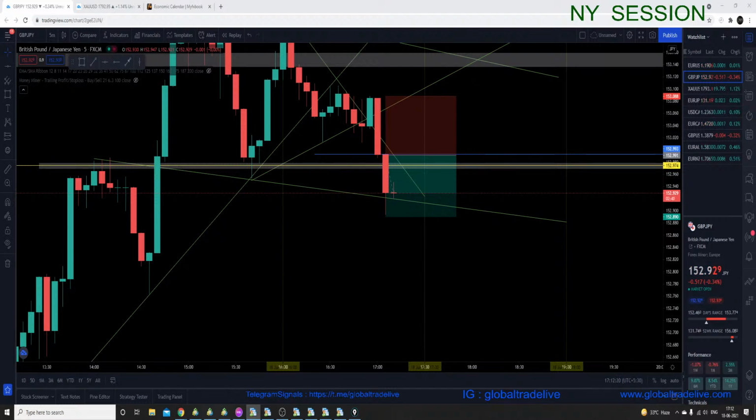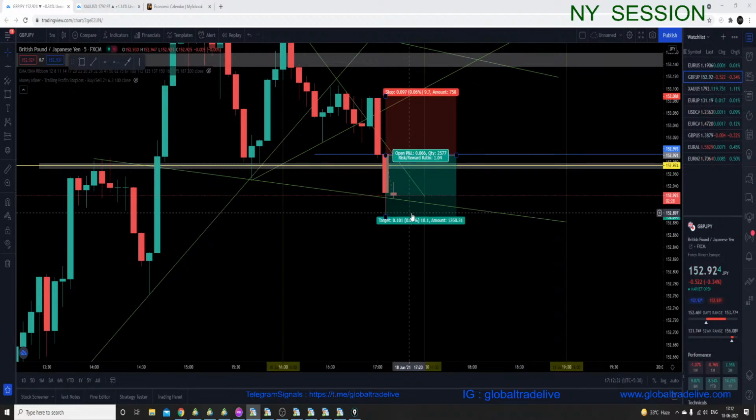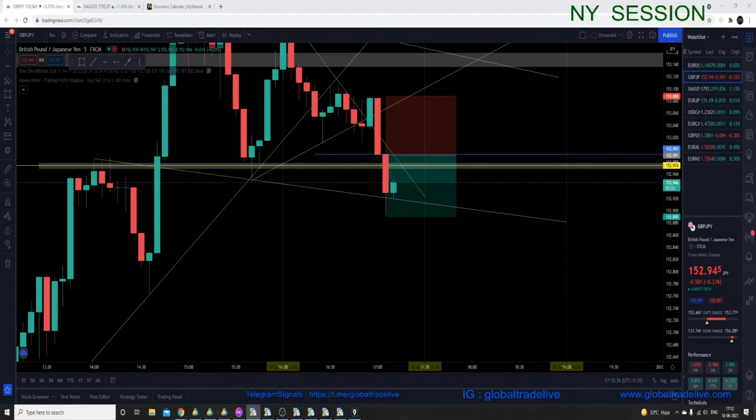Two minutes left here. I just want a 5-minute candle to close below this trend line. That's it. That's all I want. If that happens, then we will be having, oh damn, it's going up. GJ.